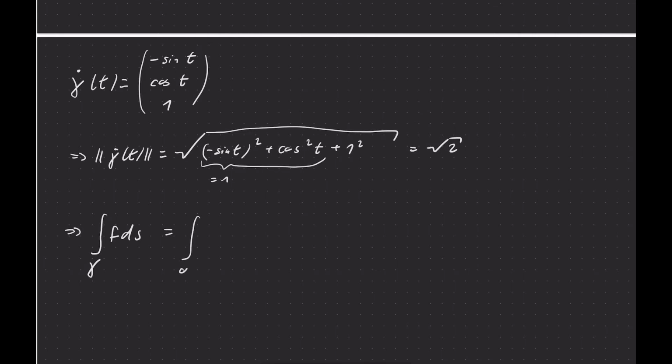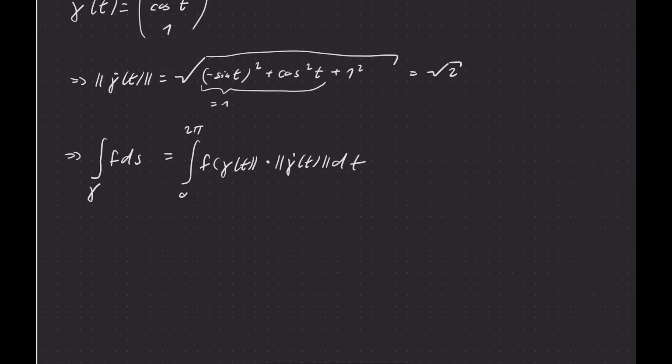And as I said, this is the integral from 0 to 2 pi of f of gamma of t times the norm of gamma dot of t dt. So what we get is the integral from 0 to 2 pi of f of gamma of t. Remember the definition of f here.